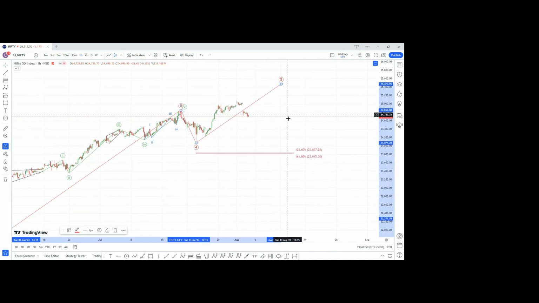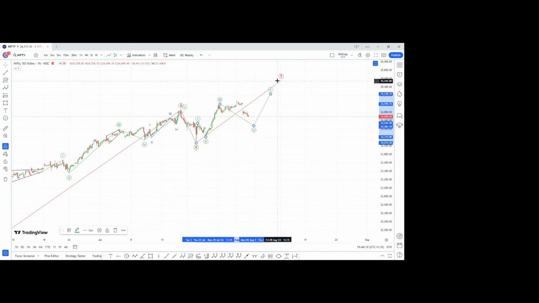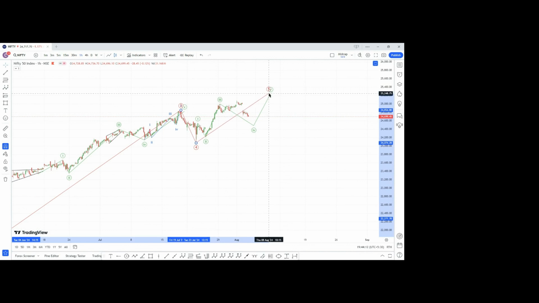Now if this is a fifth wave, I'm repeating, if and only if this is a fifth wave, then the sub waves will be this is one, this is two, this is three, this is the ongoing fourth, and a fifth.